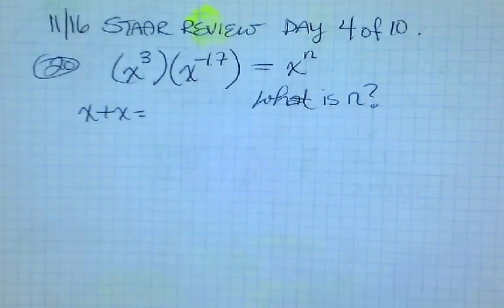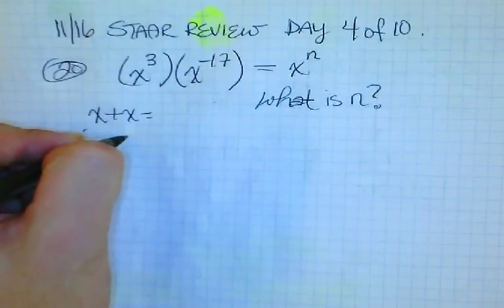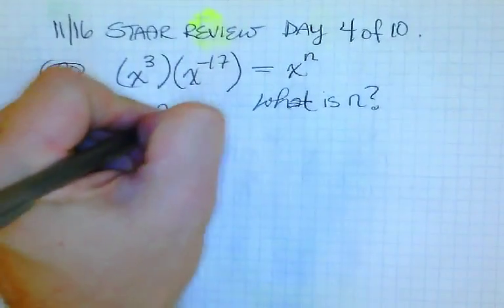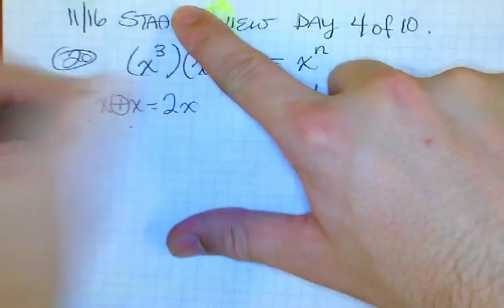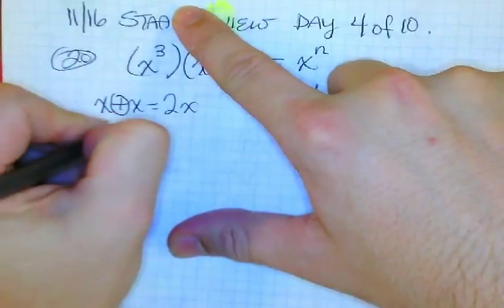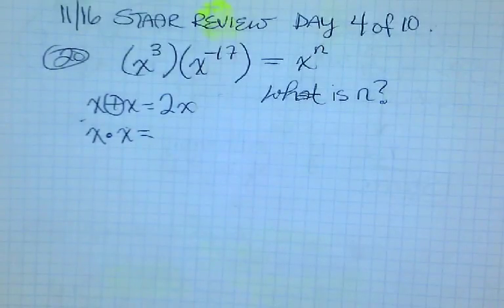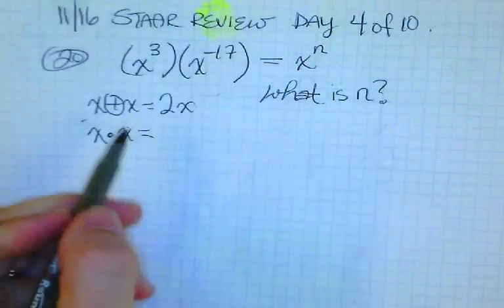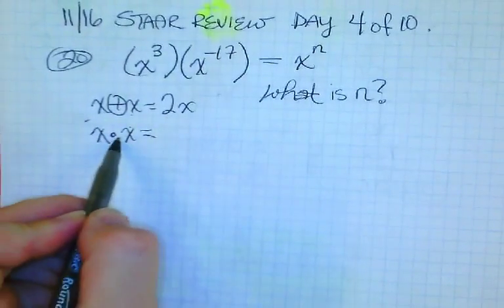All right, Mr. Edgar, if you have one x and you have another x, how many x's do you have? Muy bien. But something strange is about to happen when we change from addition to multiplication. Ms. Aguilar, what is x times x? We know that x plus x is 2x, right? So what is x times x?